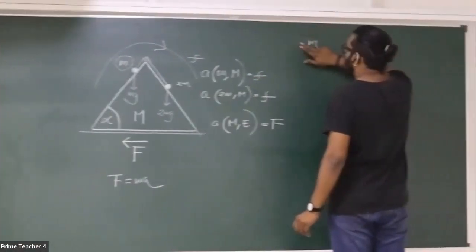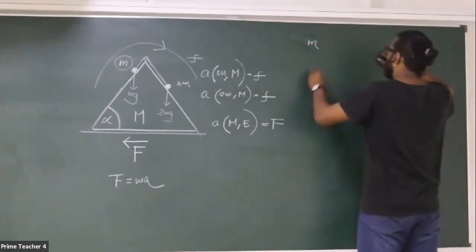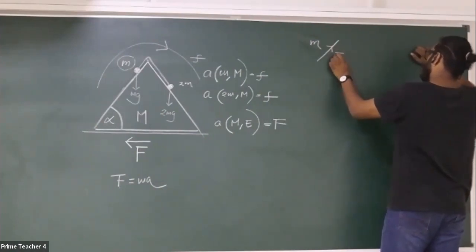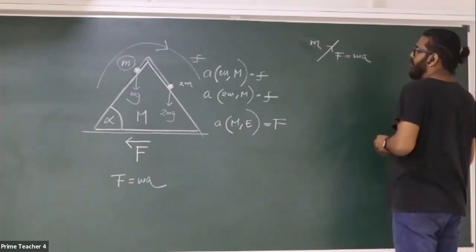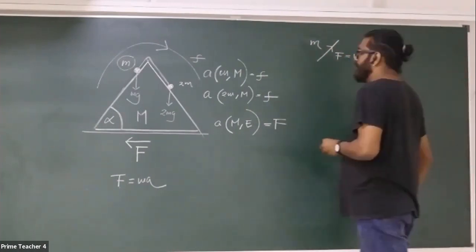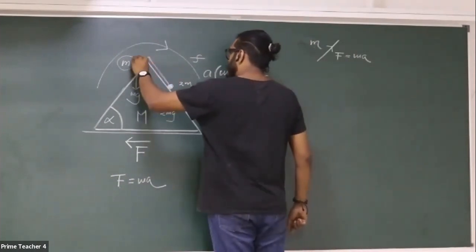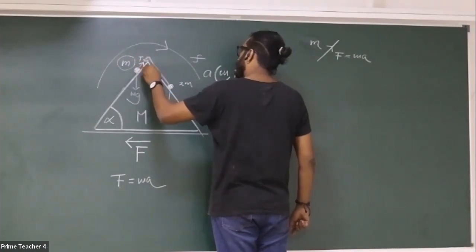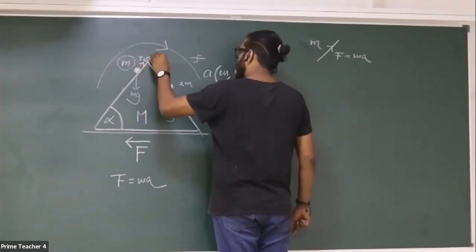So we are going to apply F equals ma in this direction. There's a tension in this string, so we can name it as T. Same string, same tension.